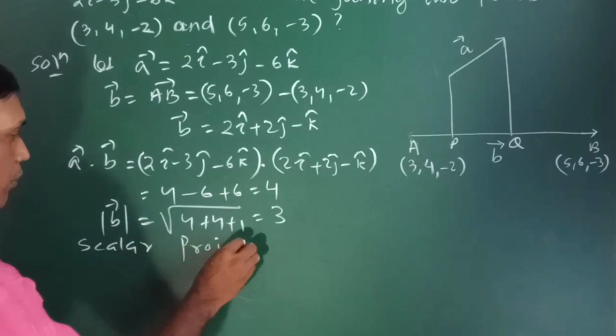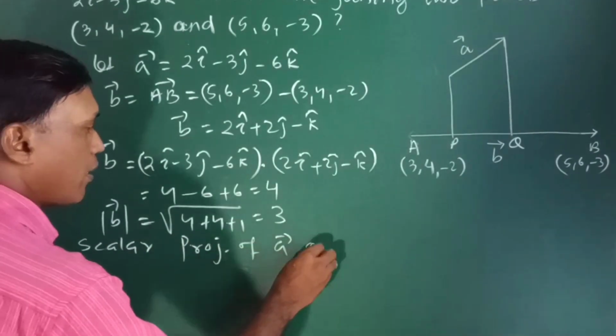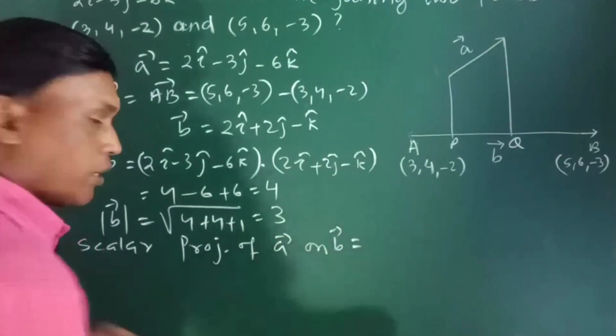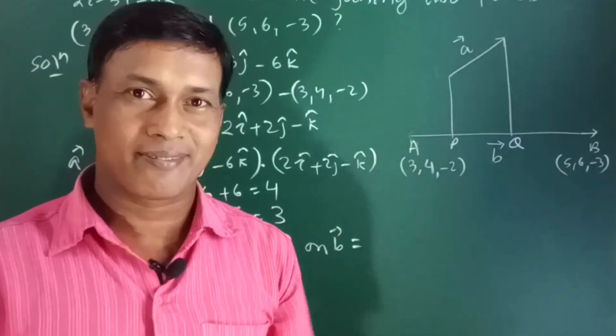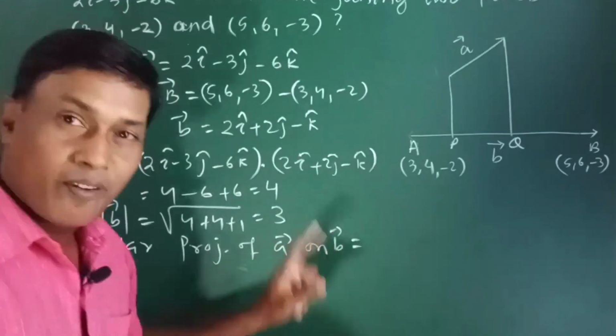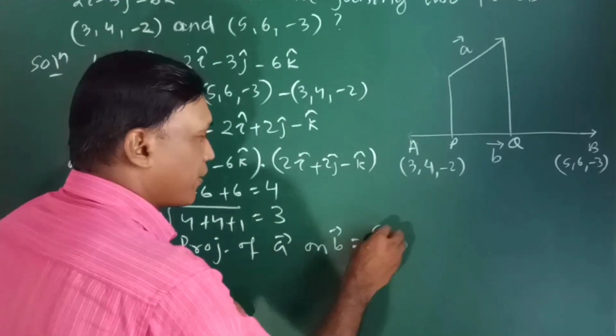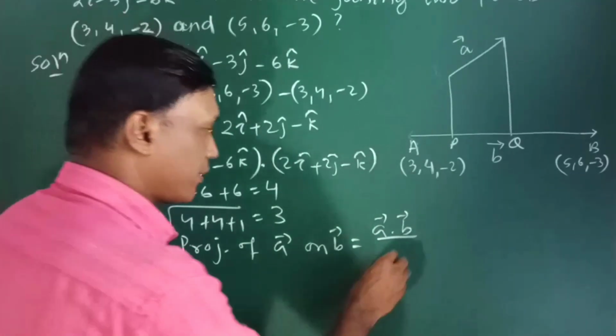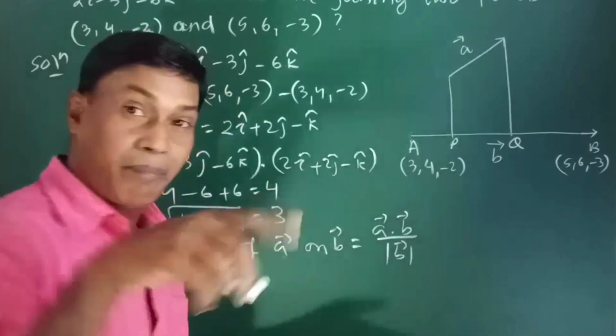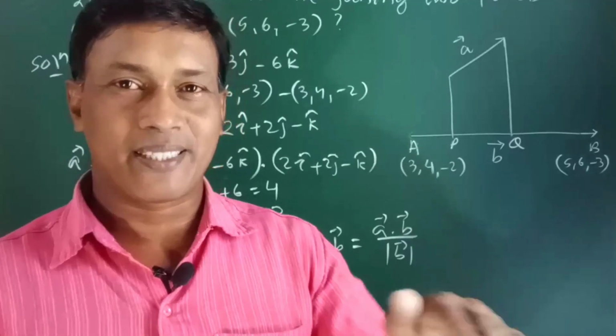Now to find the two types of projection, first is the scalar projection of A on B. The formula is simple, I have described it in detail. The projection of A on B is A dot B divided by the magnitude of the vector on which projection is taken.